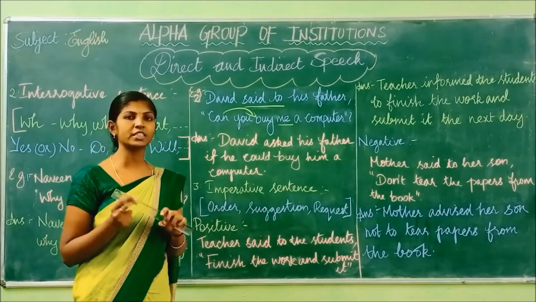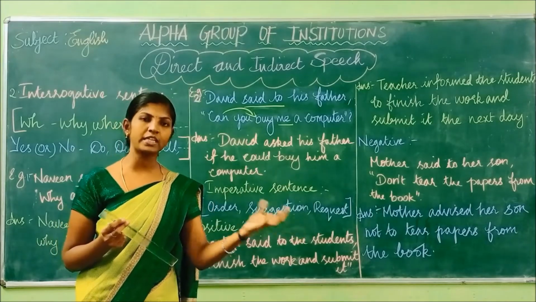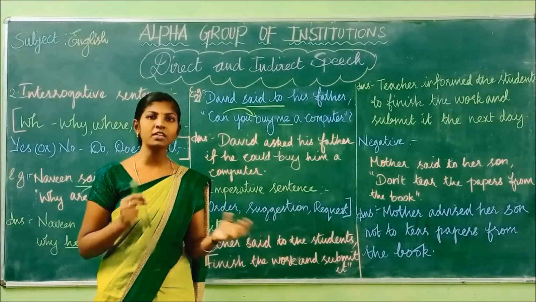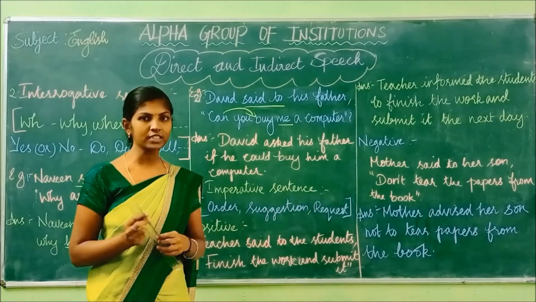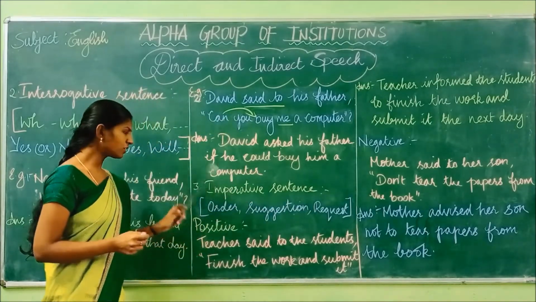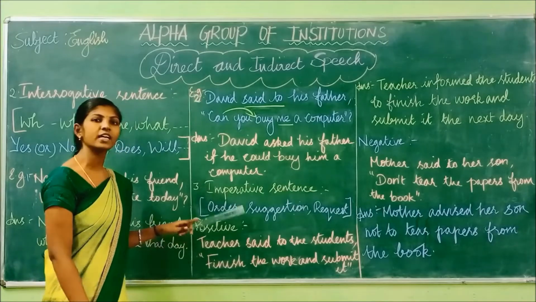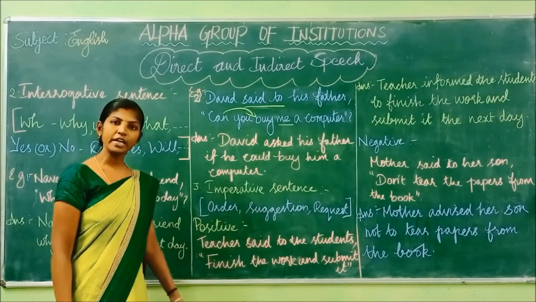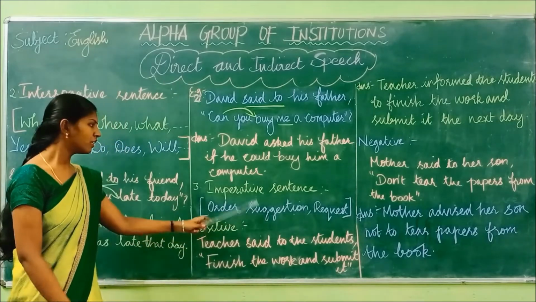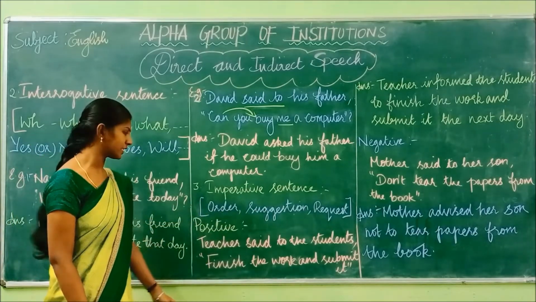There is a differentiation between passing information or asking question or ordering or requesting or suggesting something, right? So those sentences that are called like ordering, suggesting or requesting something to someone will be imperative sentences.